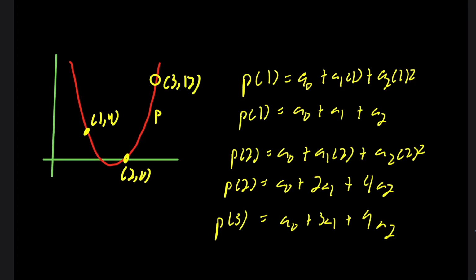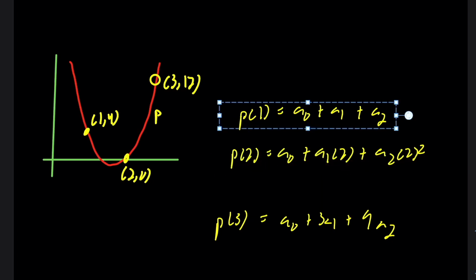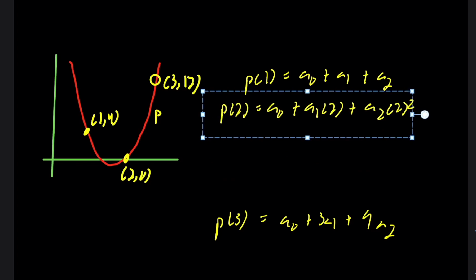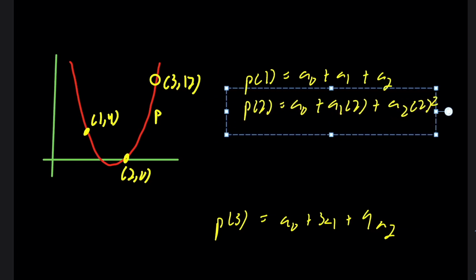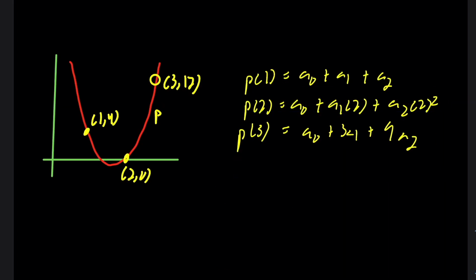Now, this is perfect because we actually have a system of equations after doing some of the math. Let me just make that 4a2, and this one can be 2a1 for neatness. Hold on, there we go.